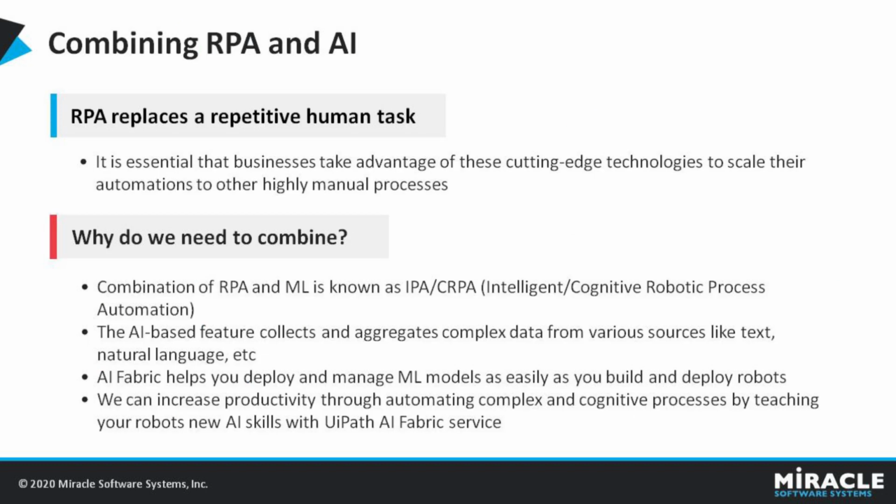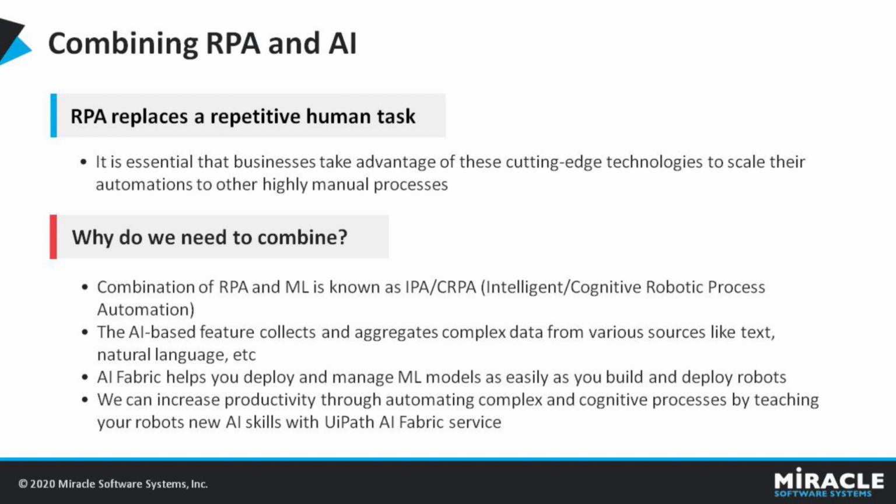RPA performs rule-based automations. We don't have to change the underlying applications or systems. It just automates the process on top of the existing systems. But RPA does have a limit when it comes to automating complex tasks. It can't take human-like decisions on its own. But when we include ML models in these bots, they get decision-making capabilities.